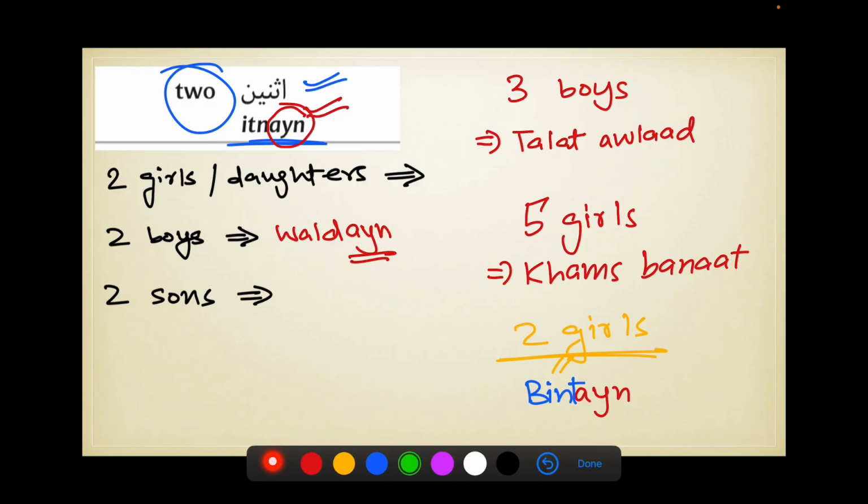And for 2 sons, we can write ibn an, that is ibnan. So you have to remember this: whenever 2 is written in front of any word, we write the singular of the word and add the ain at the end.